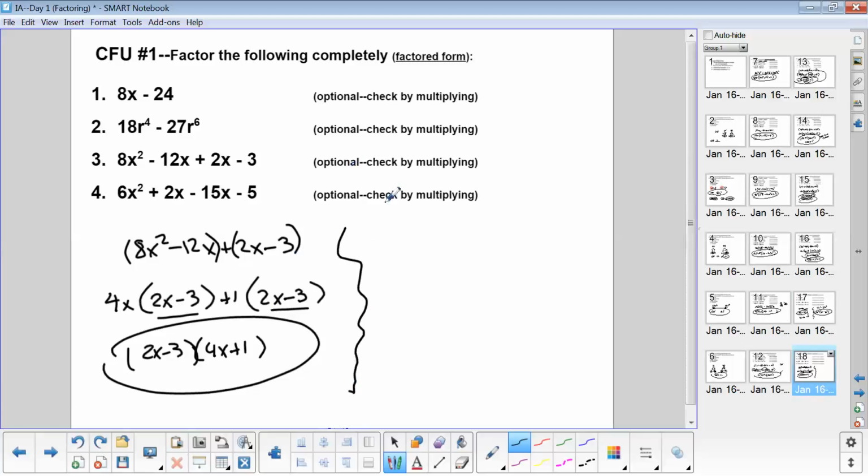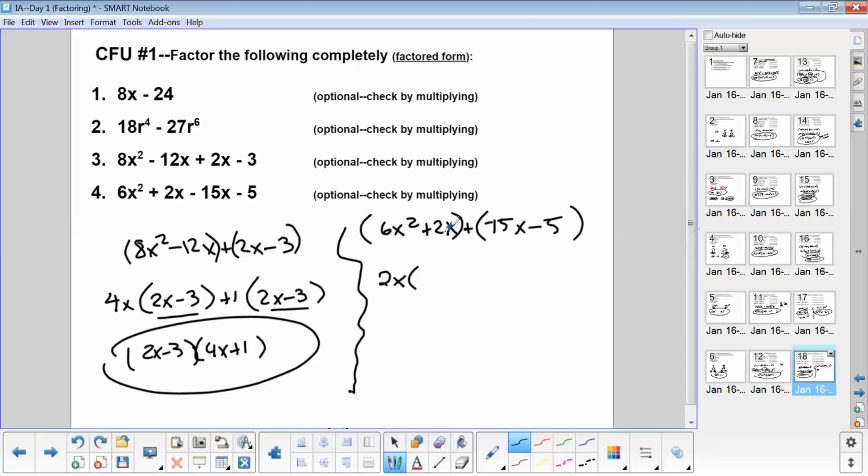And then let's look at number 4, and that's 6x squared plus 2x. Notice there's a subtraction, so we can write that as plus a negative 15x minus 5. And then we can go on to our grouping. 6 and 2, 2x is the greatest common factor.